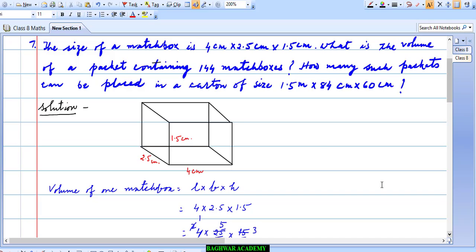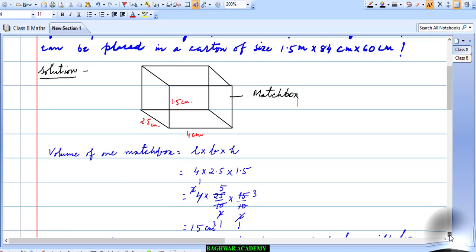Suppose this is your matchbox, which has length 4 centimeter, breadth 2.5 centimeter and height 1.5 centimeter. Now you need to find the volume of this matchbox.